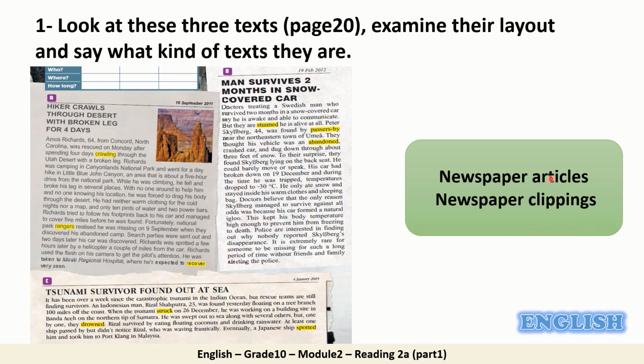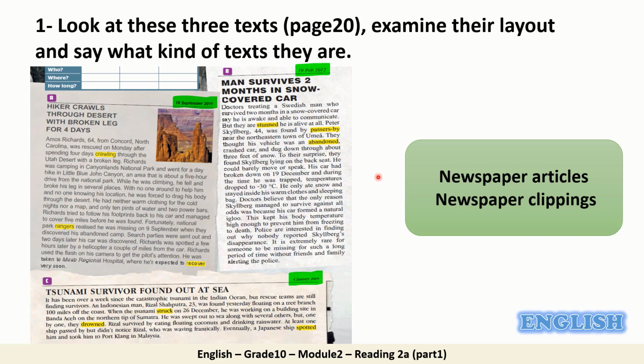Now, what makes you say they are articles? Perfect answer, yes, because each article has got its own date. As you see, the first article was issued on the 16th of September 2011. The second article was issued on the 19th of February 2012, and the third article was issued on the 4th of January 2005.